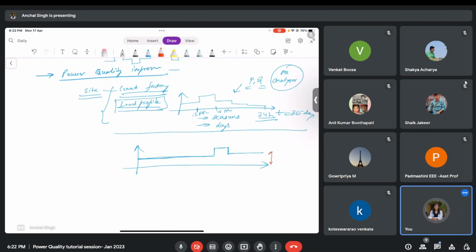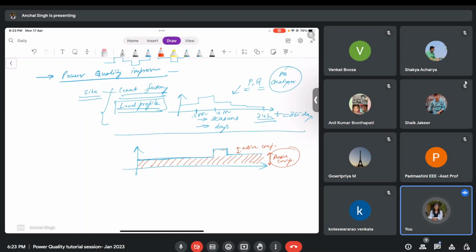That I can put this much passive compensation and I can give active compensation for this variable part, right? Isn't it very simple to understand? You know that this part will always remain, this much reactive power requirement will always be there. So I will put a passive compensator for that. And only this much power is variable, so I will put an active compensator for this part.